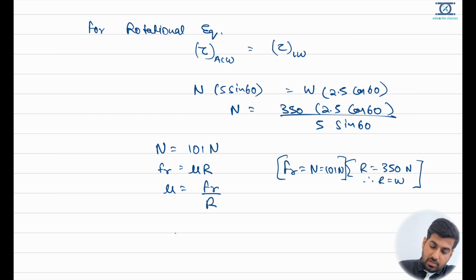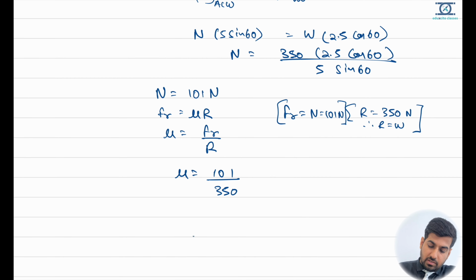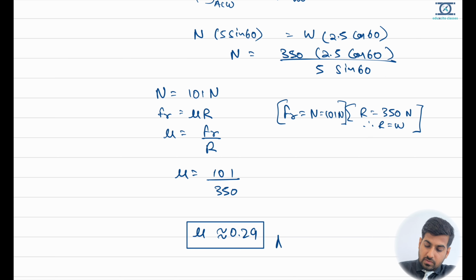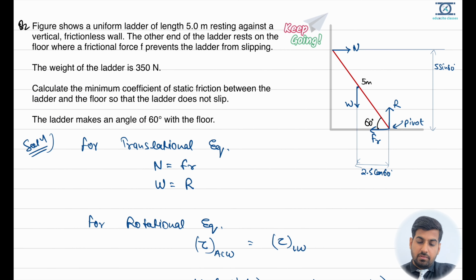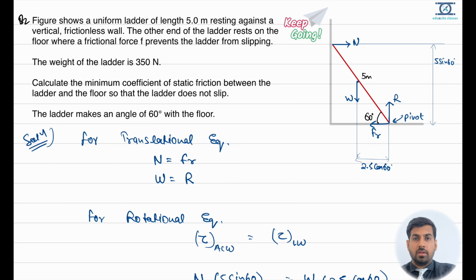So mu is equal to 101 divided by R, which is 350. If you put in the values, you will get nearly mu as 0.29 to two significant figures. Okay, so this will be your answer for question number 2. I hope it is quite clear. Just go through it once again. If you find any doubt, just let me know.